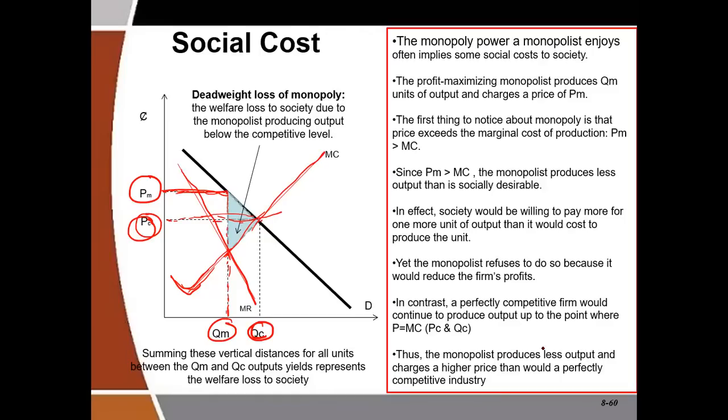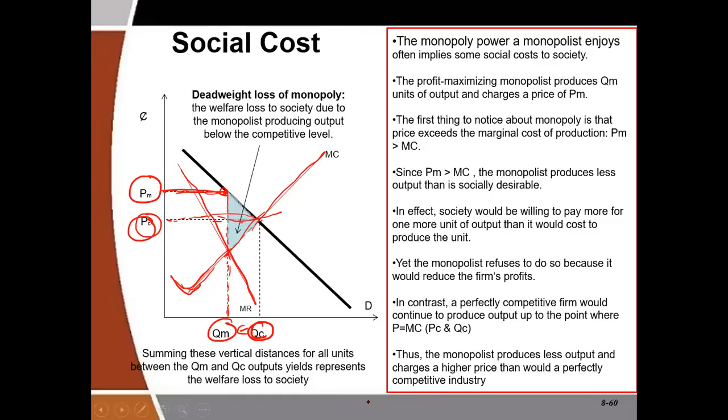So the monopolist produces less output and charges a higher price than a perfectly competitive industry. That means society should be willing to pay more in a monopoly than under a perfect competitor. So let's look at the implication.